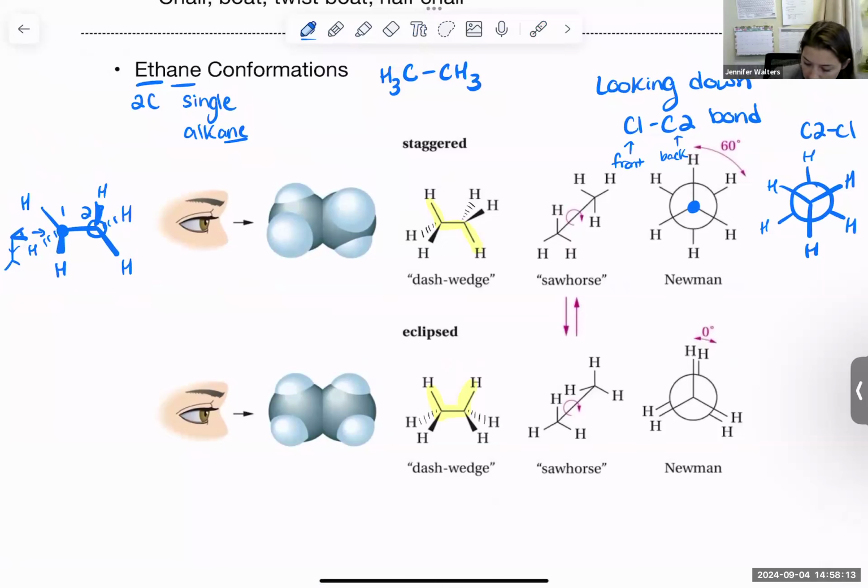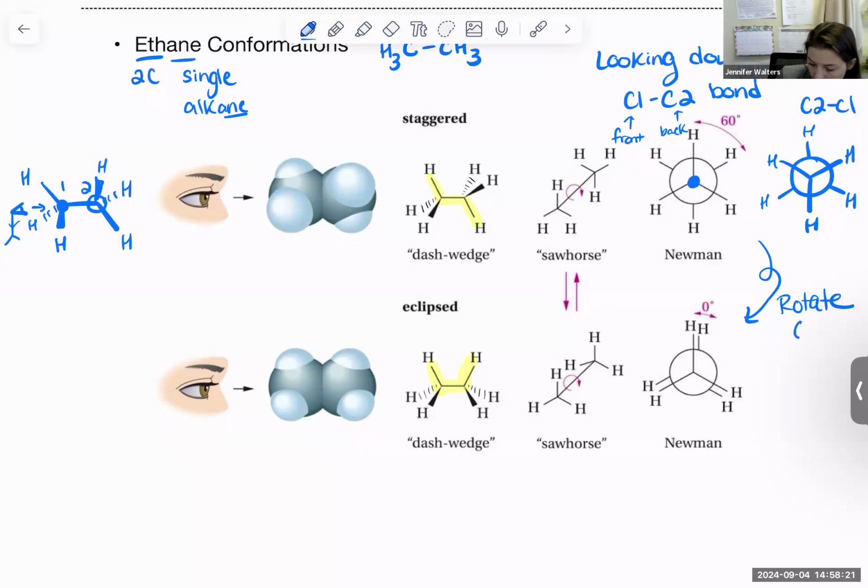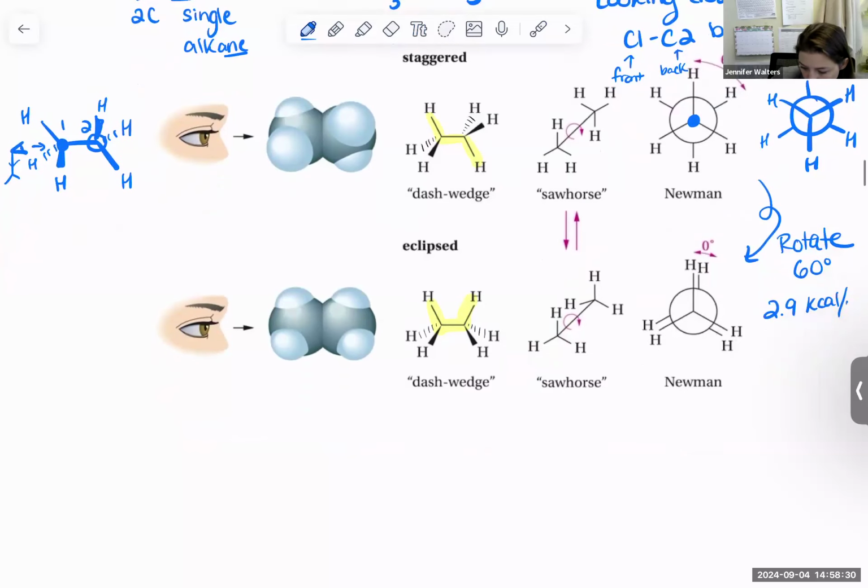When we rotate between our staggered and our eclipsed, we're going to have a 60-degree rotation, and it's going to be 2.9 kcal per mole for hydrogens to overlap.